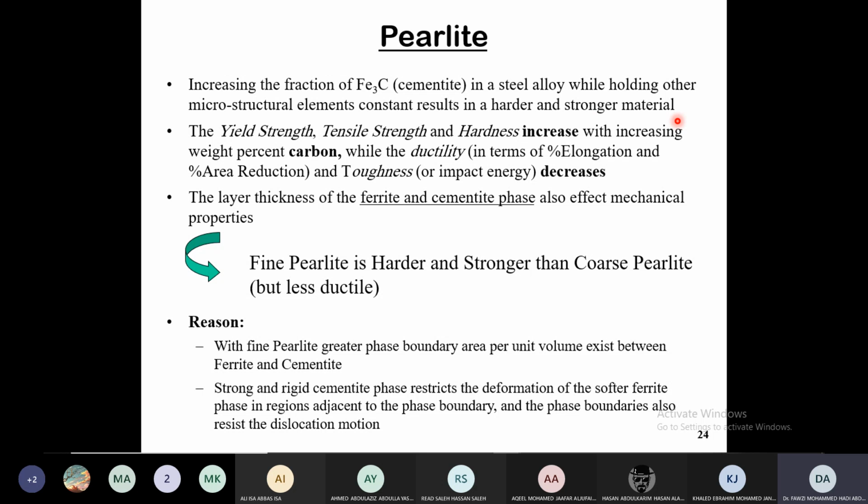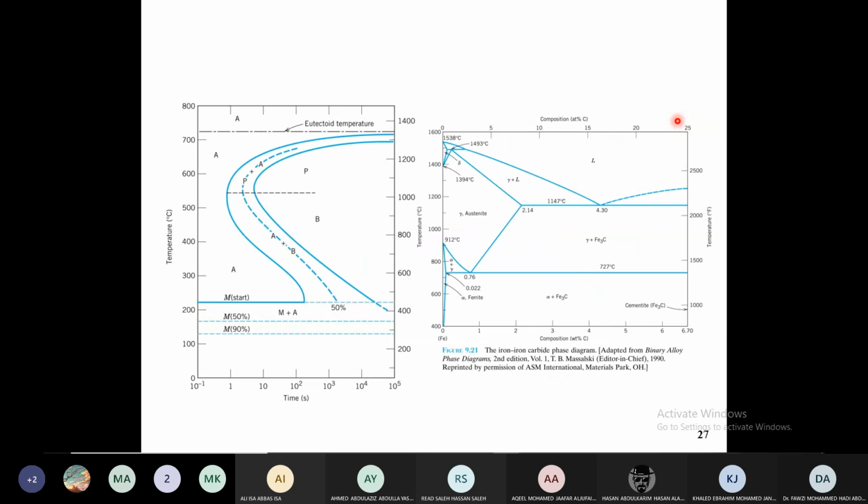How do we add cementite to the structure? Basically by adding carbon, because at room temperature, the solubility of carbon in iron as a BCC crystal structure is very low. You see, the solubility of the carbon in the BCC crystal structure is 0.022.